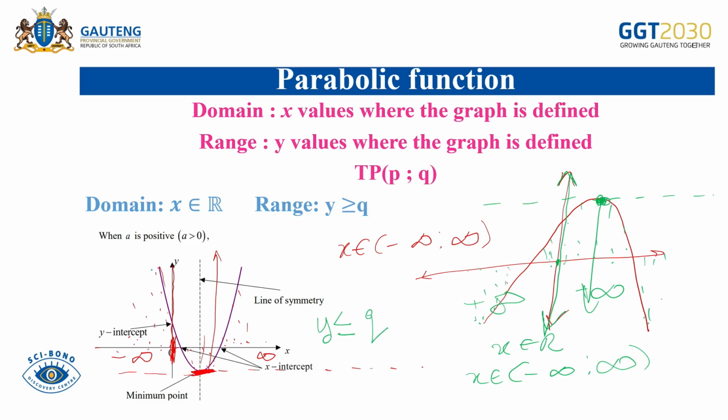So if it's concaving up, then your y will be greater than or equal to the value of y at the turning point. And if it's concaving down, then y is less than or equal to the value of y at the turning point. Okay?